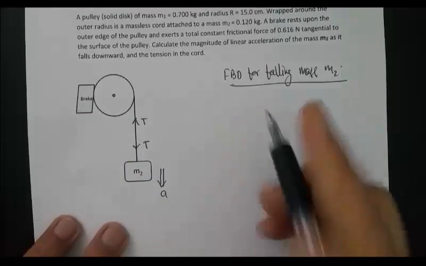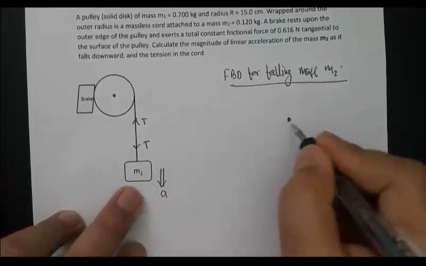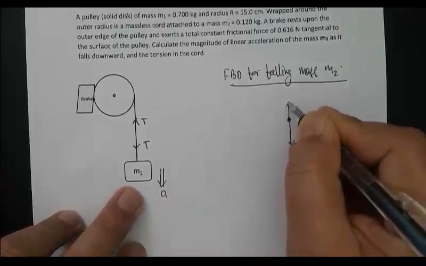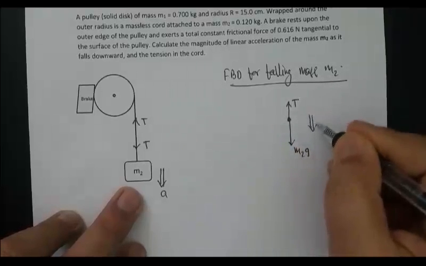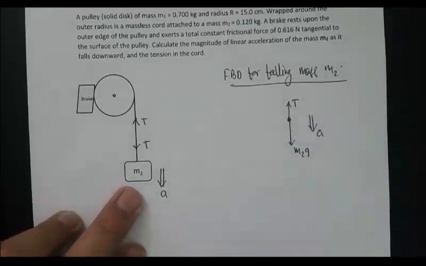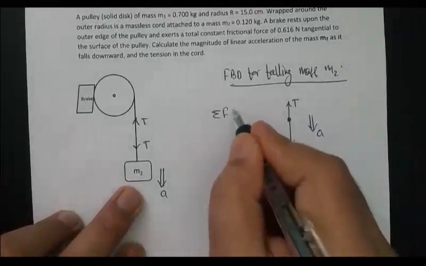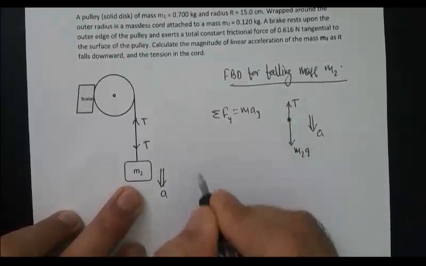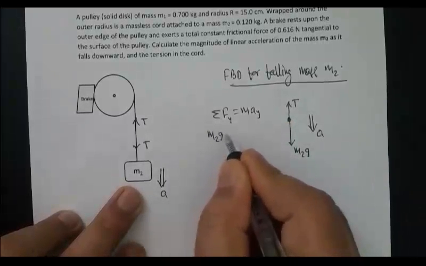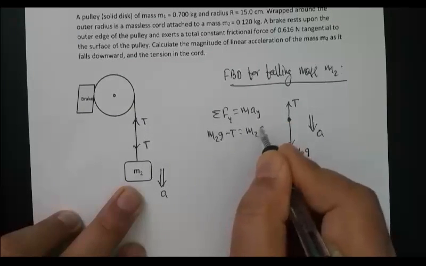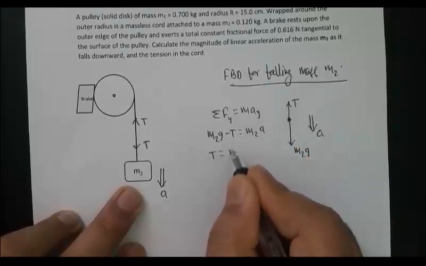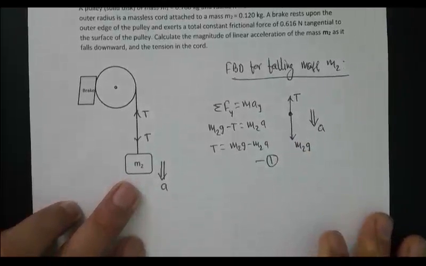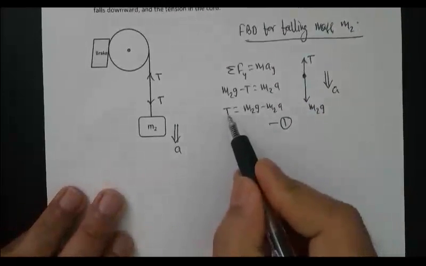But m2 is accelerating downward, so the tension is always pulling, and this is the acceleration. Okay, so I'm going to apply Newton's second law in the y direction. I'm going to make the bigger force positive. m2g minus T is m2a, and tension is again m2g minus m2a. Let's call this equation number 1, because we can't solve this yet, since there are two unknown variables, T and a.